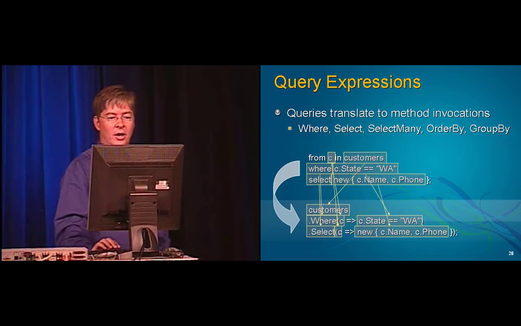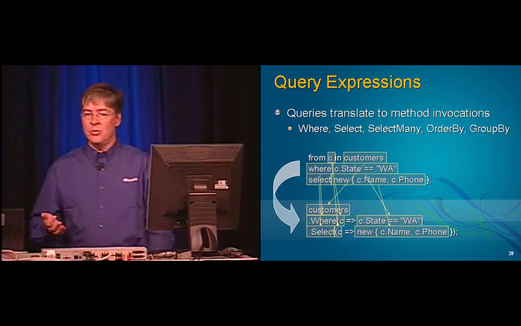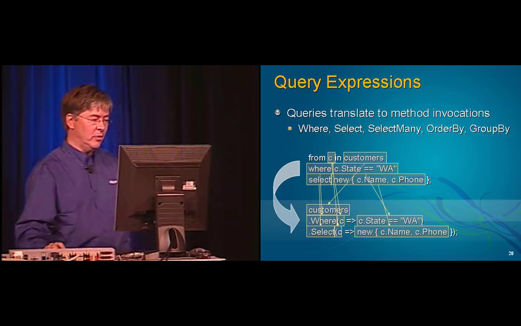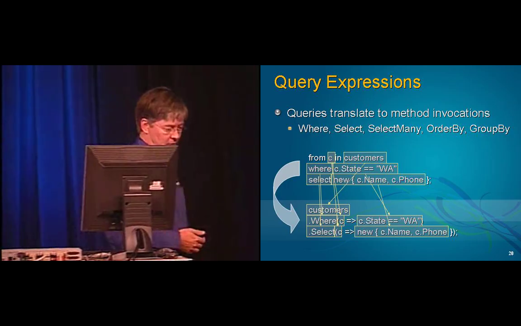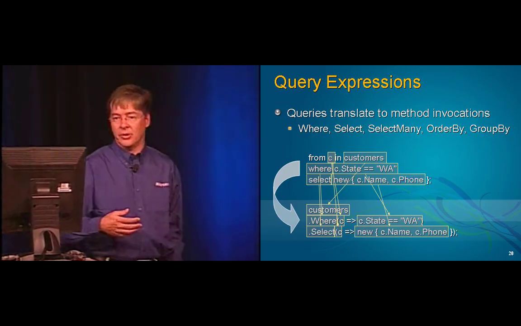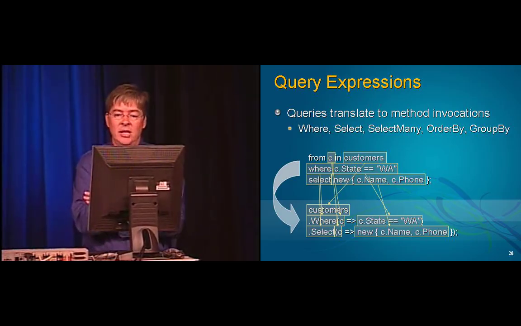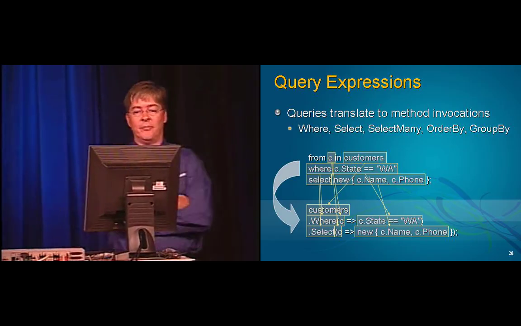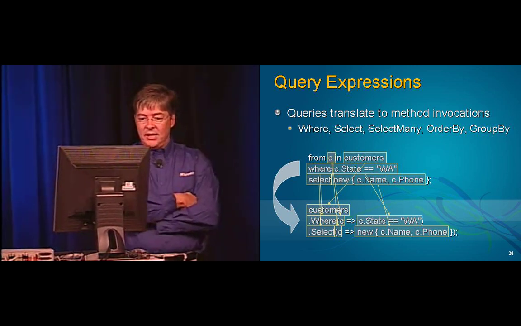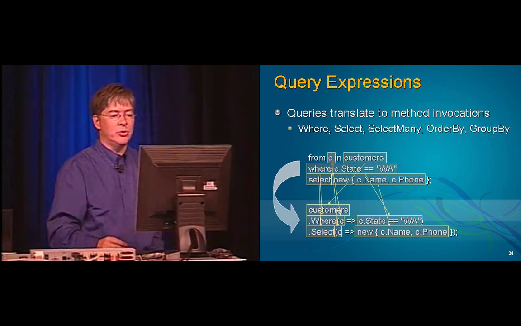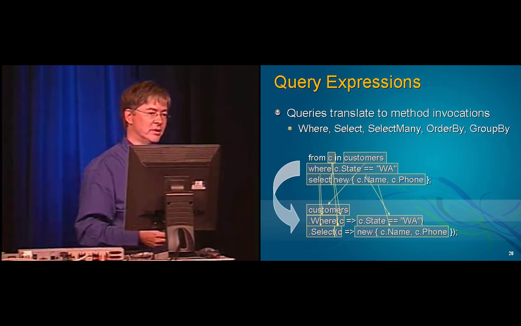So queries translate into method invocations. Basically, there's a pattern of methods, and we call it the query method pattern: where, select, select many, order by, and group by. When I write a query expression, the compiler turns it into invocations of these methods.